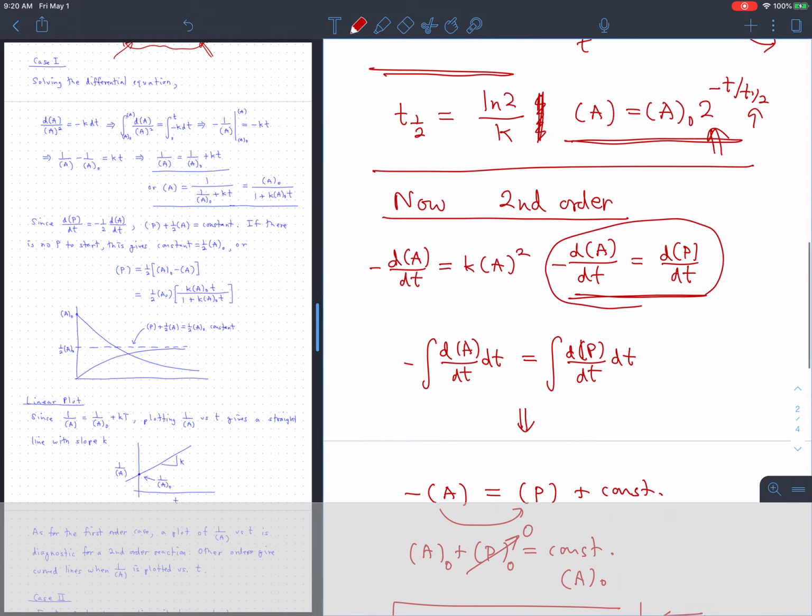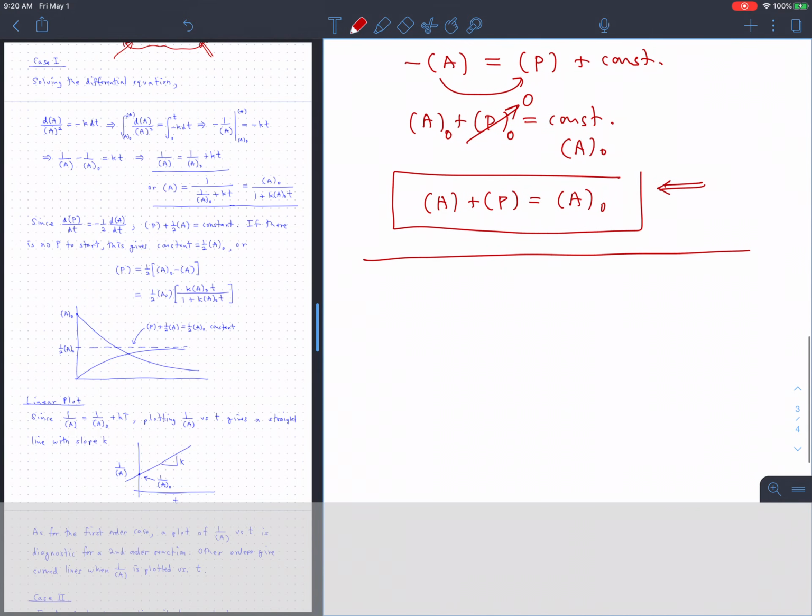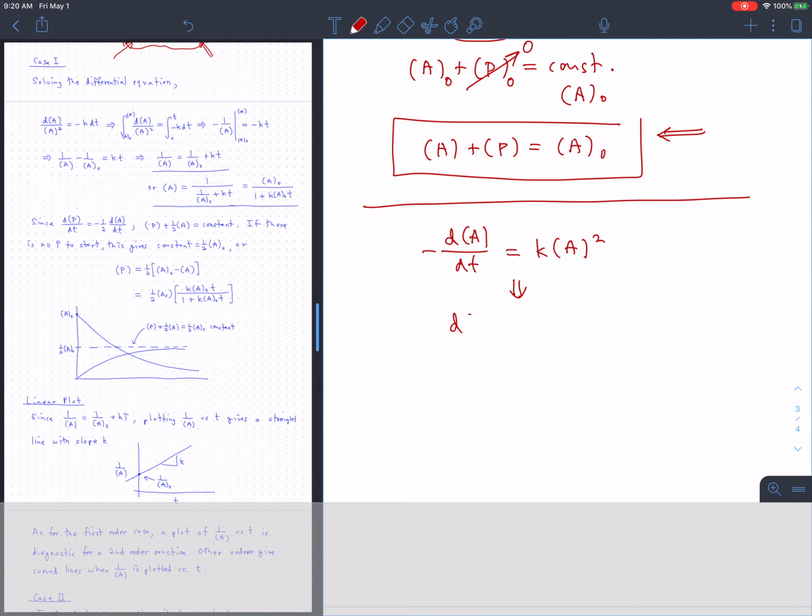Now let's look at the rate equation itself. So dA/dt is equal to minus k times A squared. That means that dA over A squared is equal to minus k dt.